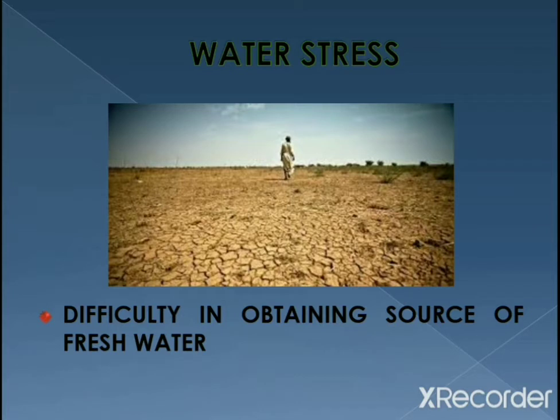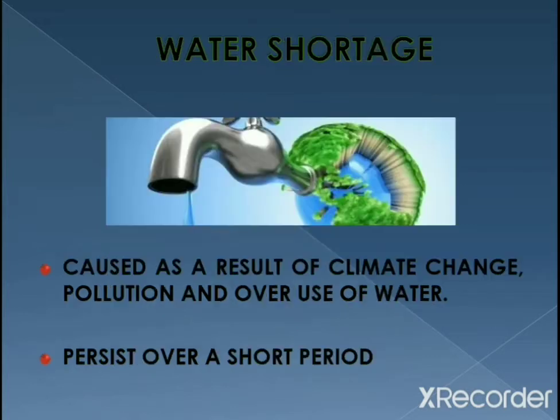If you find difficulty in obtaining a source of fresh water in a region due to climatic or any human interference, we term it as water stress. Water shortage generally persists over a short period of time.